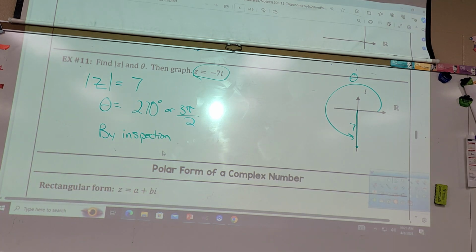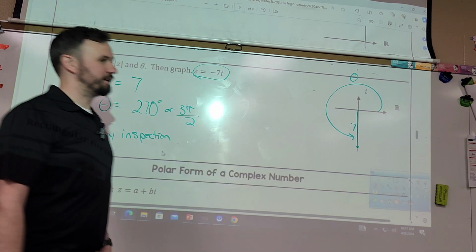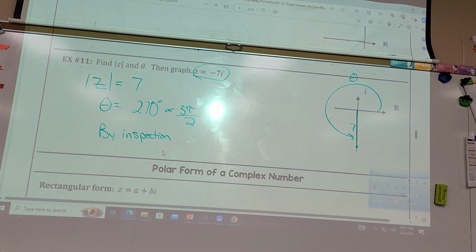Yeah, buddy. By inspection. I looked at the graph. Because there's no work to show, right? Can I do Pythagorean theorem on it? Yeah, it'd be square root of 7 squared plus 0 squared, which is 7. Can I draw a right triangle in there? No, you can't have a triangle with side 0.